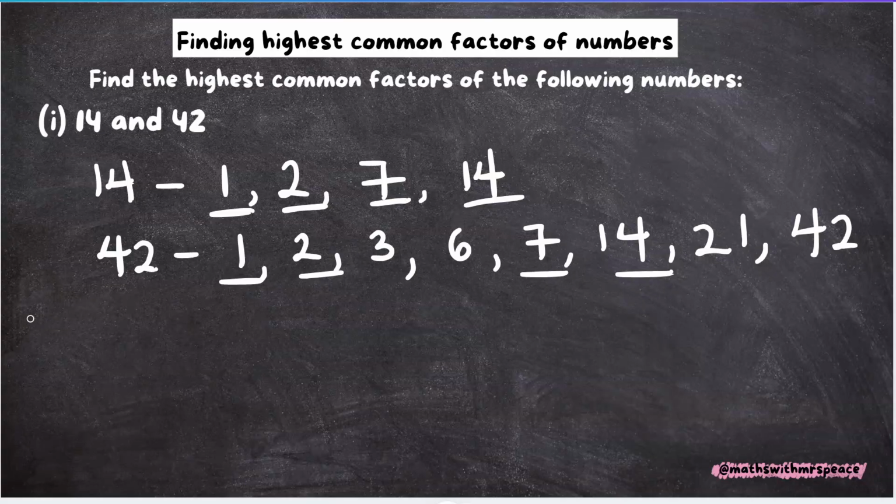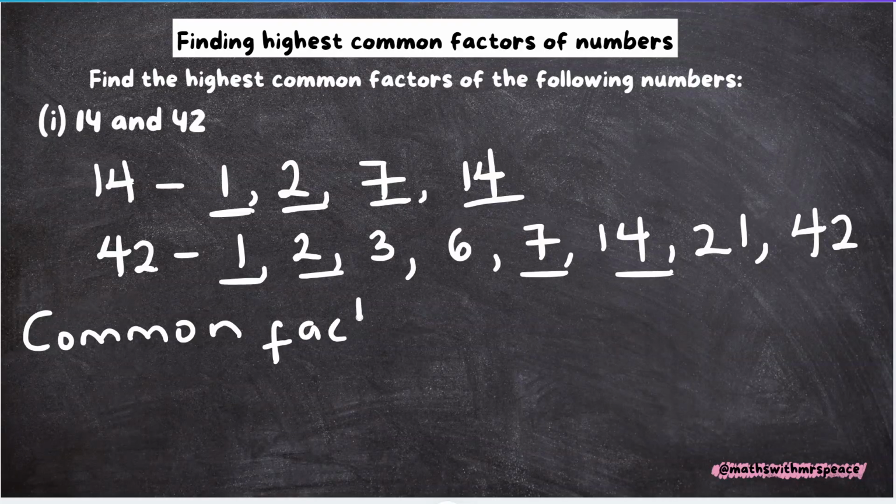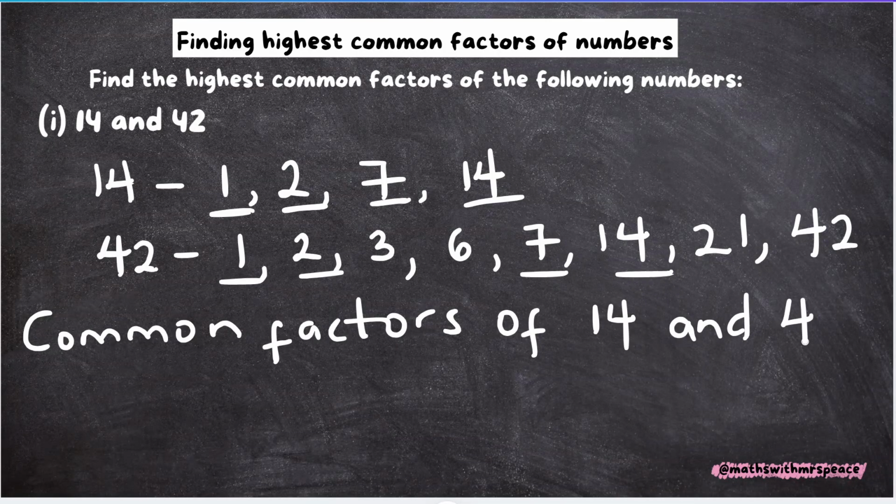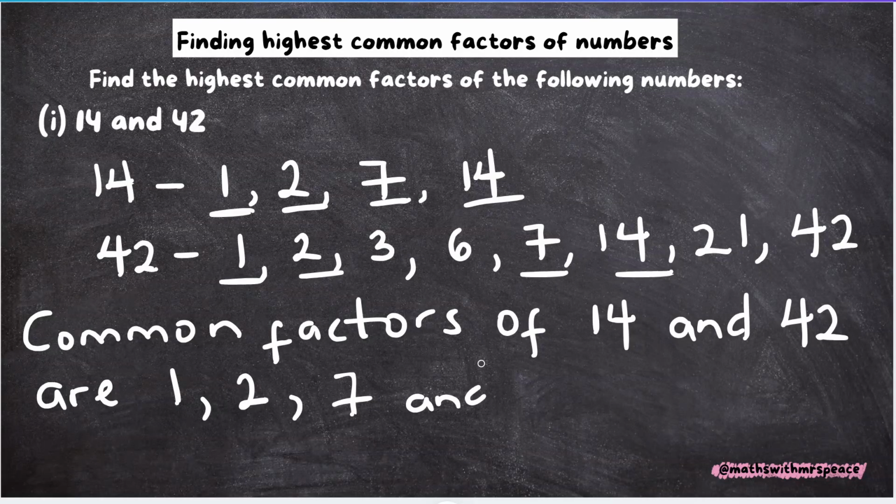So I'm going to say that common factors of 14 and 42 are 1, 2, 7, and 14.